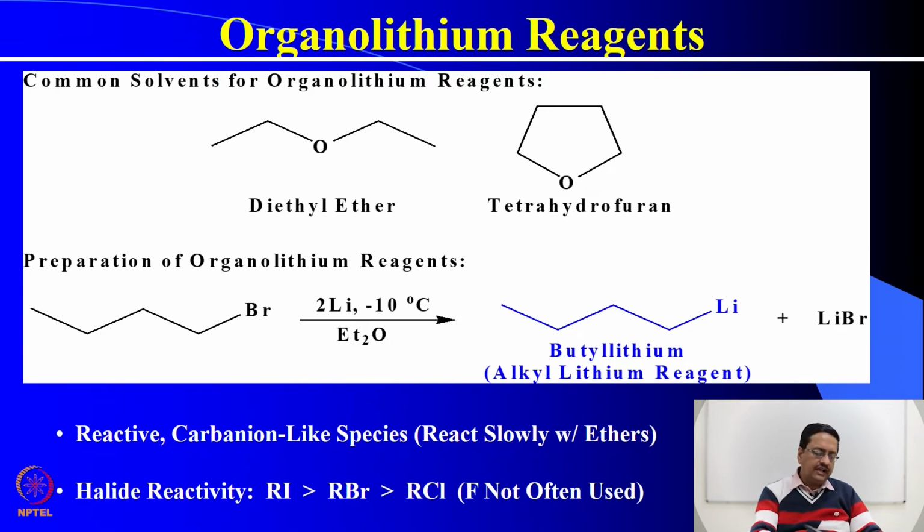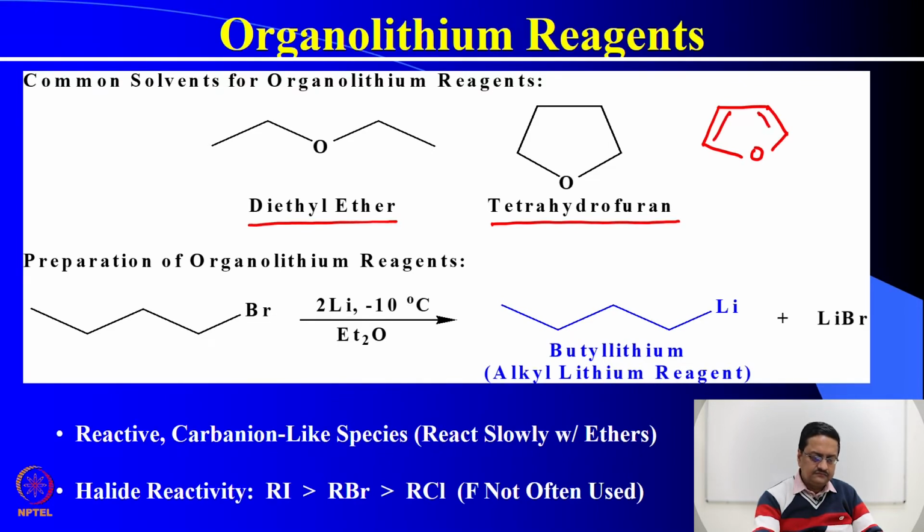So for those type of reactions, we use two different types of solvents, both are ethers. One is diethyl ether and the other one is tetrahydrofuran. Some of you may recall that this compound is called furan, which is then hydrogenated to give you the tetrahydrofuran. So normally what we do is we take these solvents and we dry those solvents on metallic sodium.